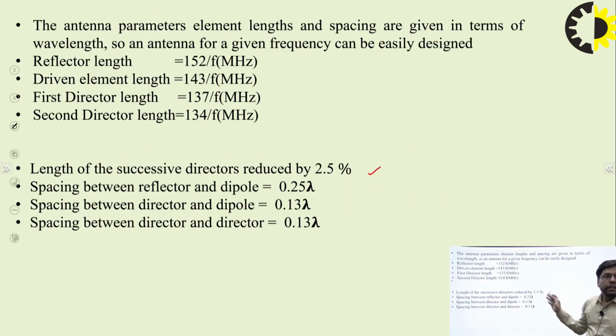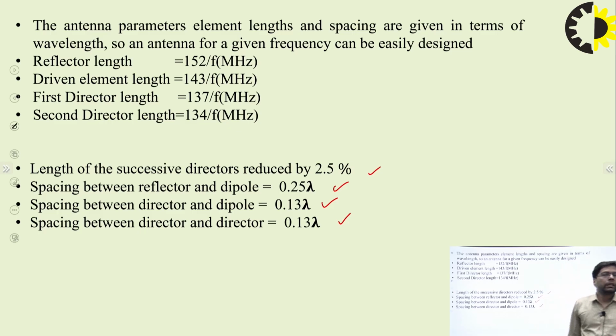These are the design parameters that you need to focus on. The first one is the length of the successive directors, reduced by 2.5%. Spacing between the reflector and dipole is 0.25 lambda, and spacing between the director and dipole is 0.13 lambda. Spacing between directors is 0.13 lambda as well.